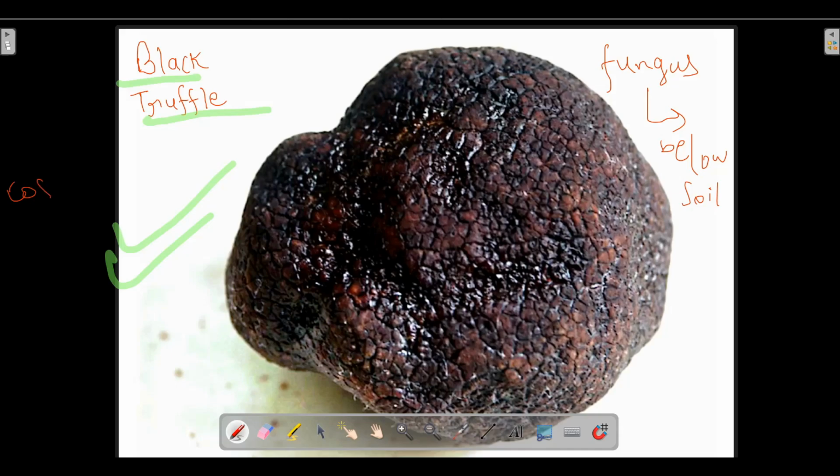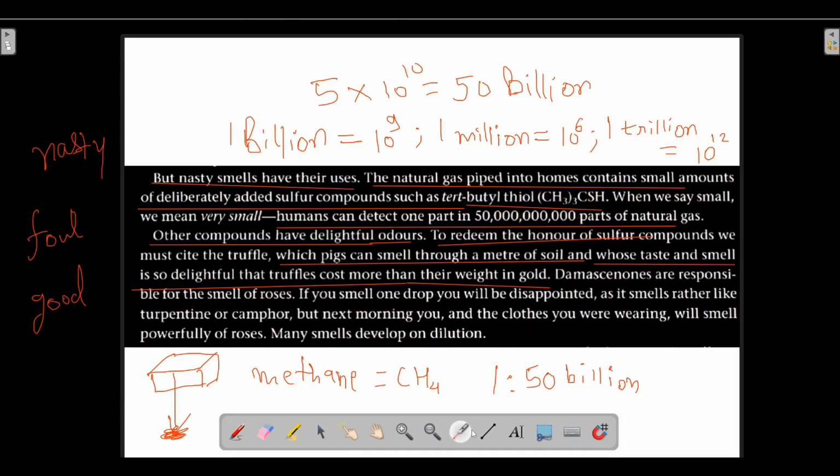Not necessarily always, but many times it is costlier than gold. It is such a delicious compound and it has such a nice smell.